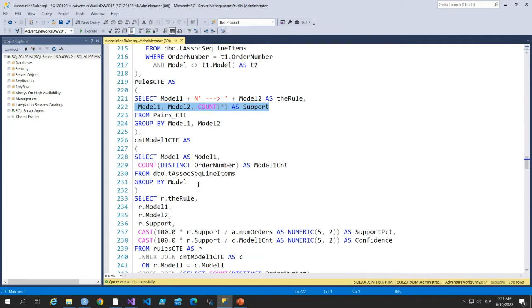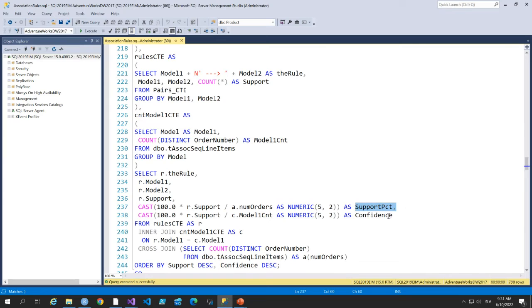I will also calculate this as a relative number. So I need the count of distinct transactions, right? I will also calculate percentage, support, and confidence as a relative number.